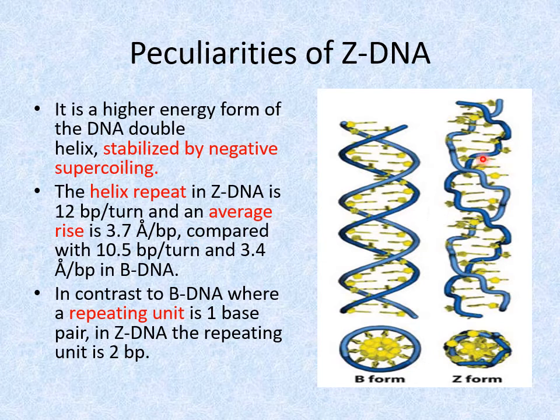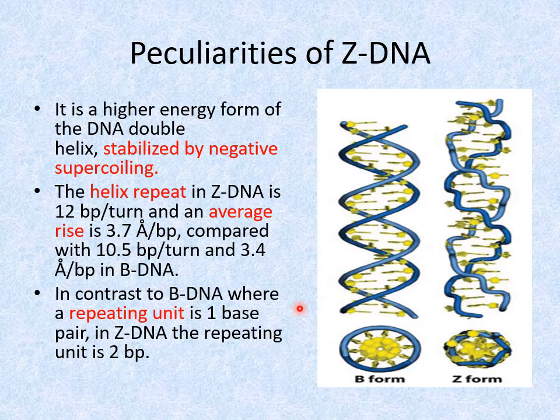The helix repeat of the Z-DNA is approximately 12 base pairs per turn. That means for one 360-degree left-handed helix, 12 base pairs have to be present. And the average rise distance between two adjoining base pairs is 3.7 angstrom.